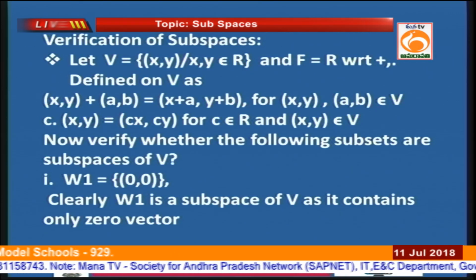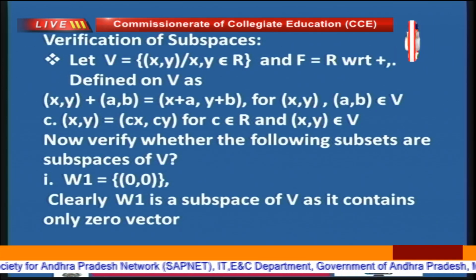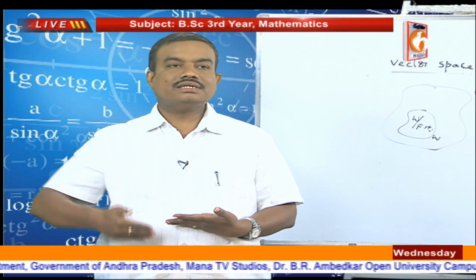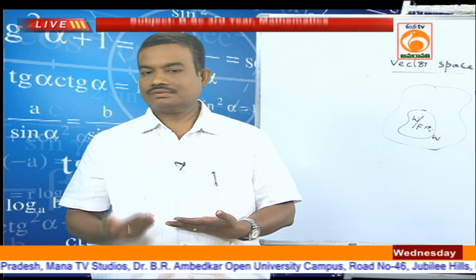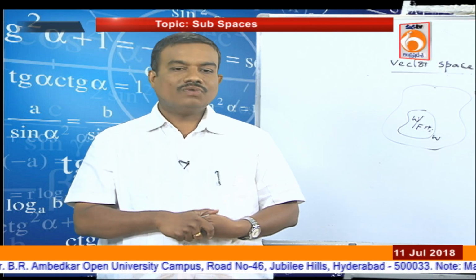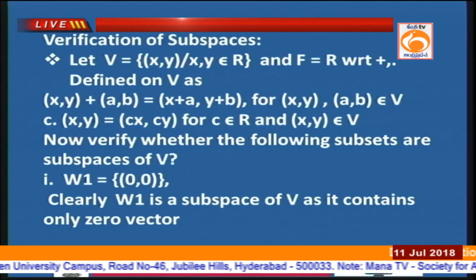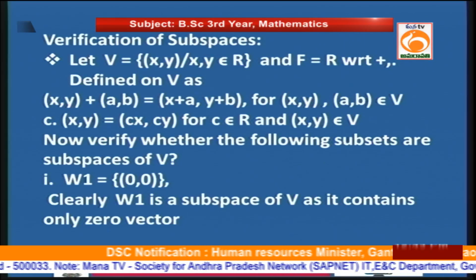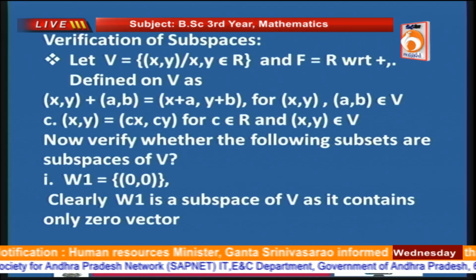So, just now we said that after the definition of subspace, the W consisting of only the 0 vector is always a subspace of V. So, clearly W1 is a subspace of V as it contains only the 0 vector. Is it clear? This is a trivial subspace, we just talked about this.